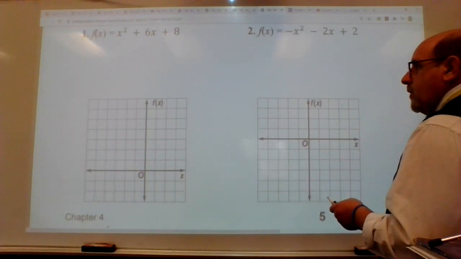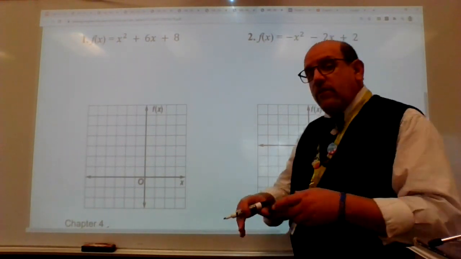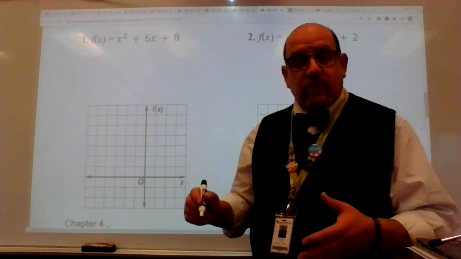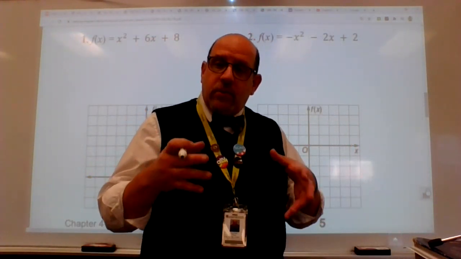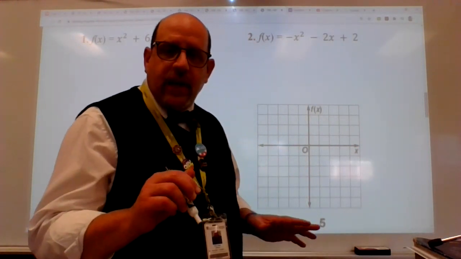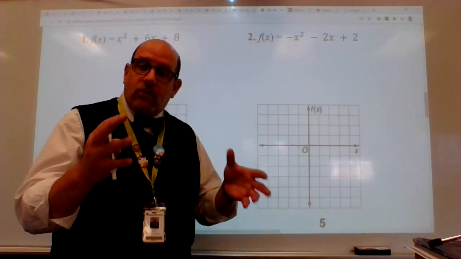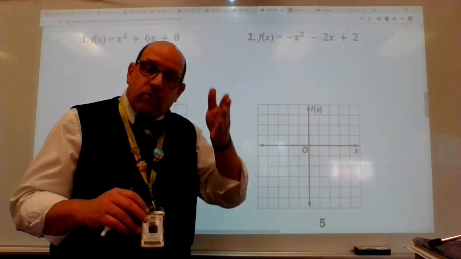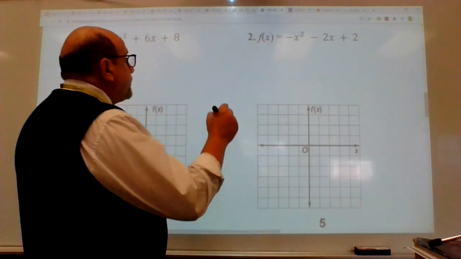Now, on your papers, you can see the formula for finding the axis of symmetry, and it's part of what is called the quadratic formula, and we'll get to that in a couple of days or so. But I want to take that piece of the quadratic formula that tells us where that axis of symmetry is, and I want to write it up here.